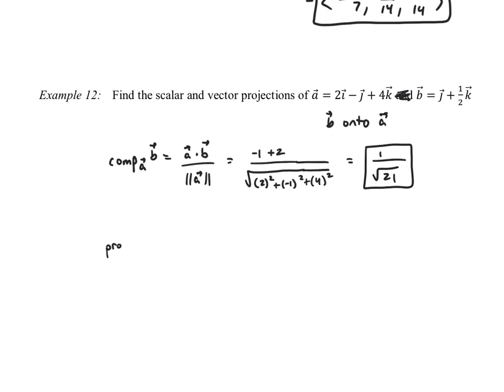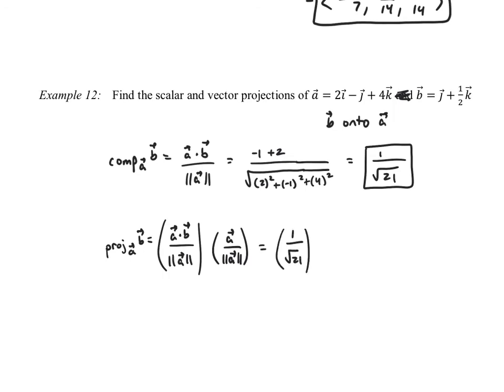And then your vector projection of B onto A will be the same thing that we just found, the magnitude of what we are looking at, multiplied by the unit vector of A. So we have 1 over the square root of 21 multiplied by, so A is going to be 2, -1, and 4.